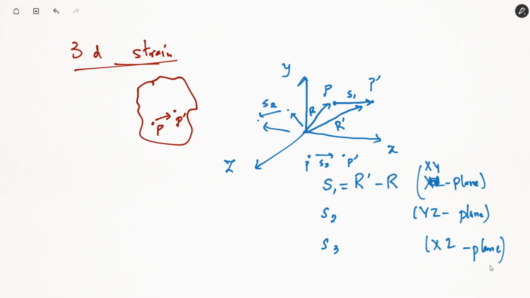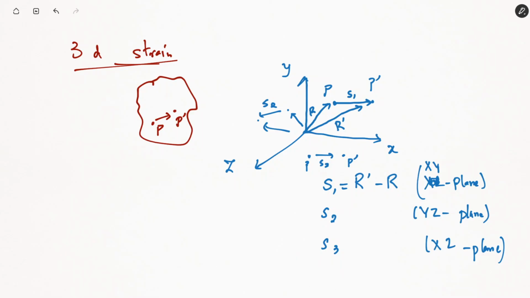Fine, now once we are trying to measure shear, we are trying to measure strain at this point P, we have to take into consideration all these strains, that is ds1 by dx plus ds2 by dx plus ds3 by dx. Fine. So in this, now we can summarize them.